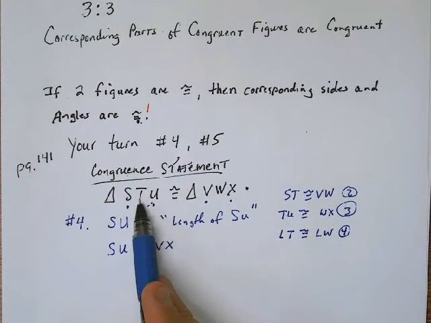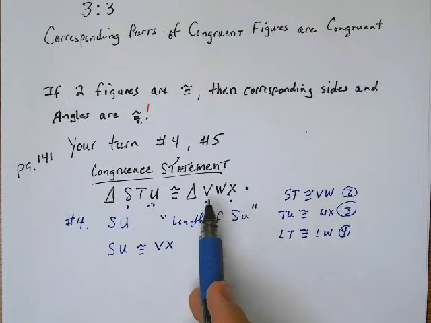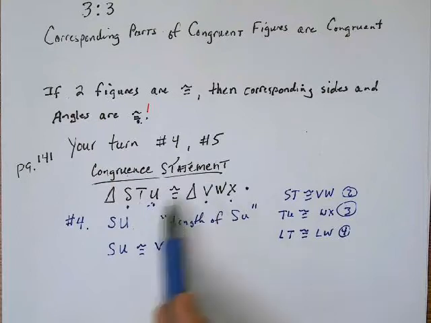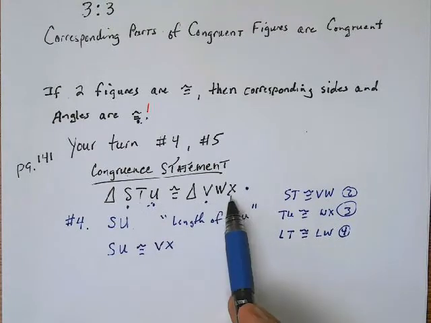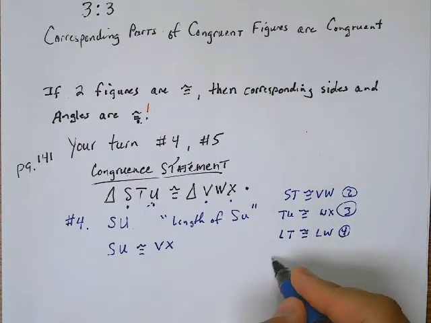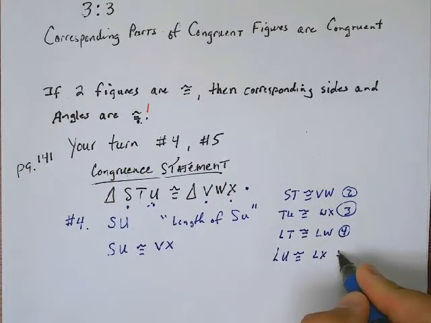She's already said the T and the W. What are the other 2 angles? What did you say? X and which one? U and X. That's right. Angle U is congruent to angle X.